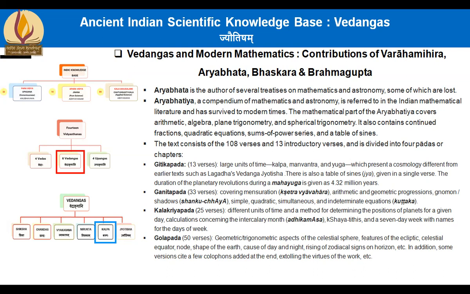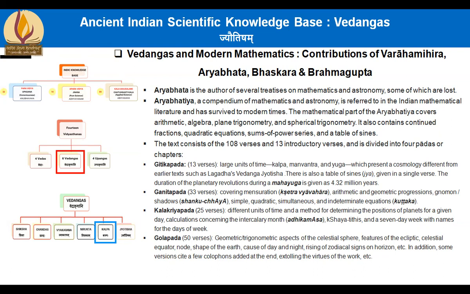So many things are discussed in Aryabhatiyam. The text consists of 108 verses and 13 introductory verses, and Geetika Pada, Ganita Pada, Kalakriya Pada, Gola Pada are all discussed there. And he talks about the large units of time like Manvantara, Yuga and Mahayuga also. If we look at the text, we understand how much work our ancestors have done.